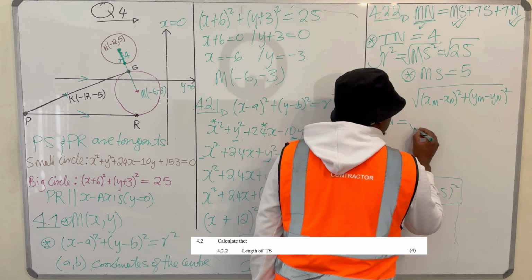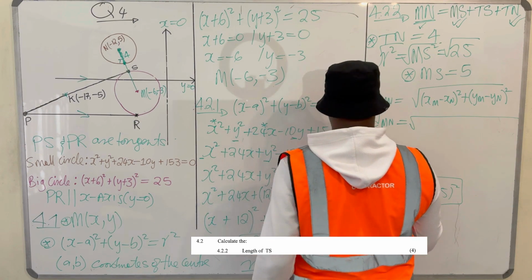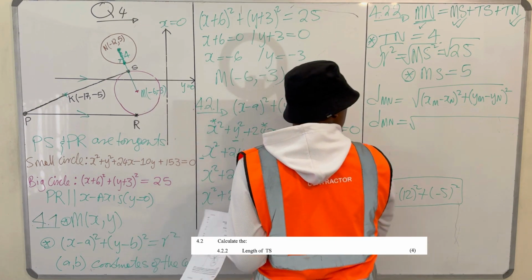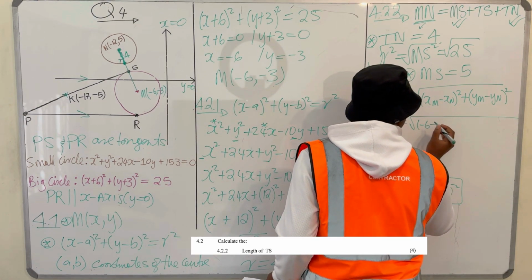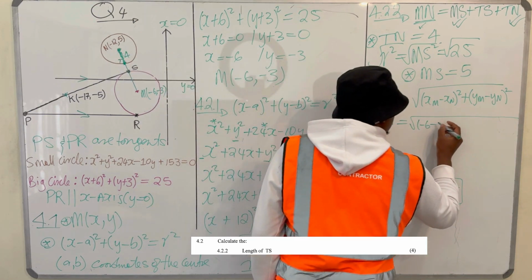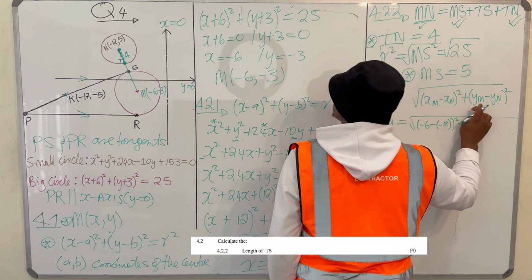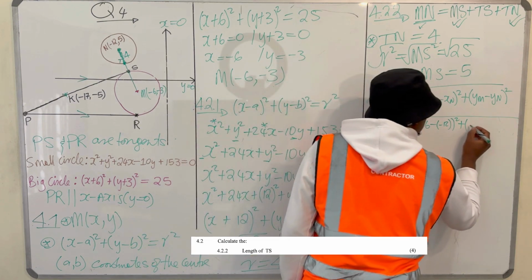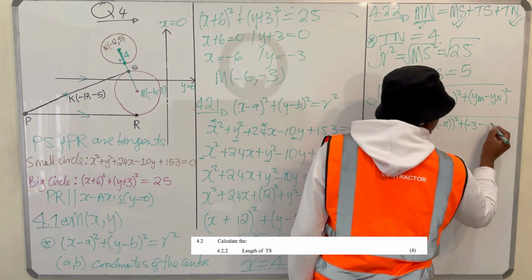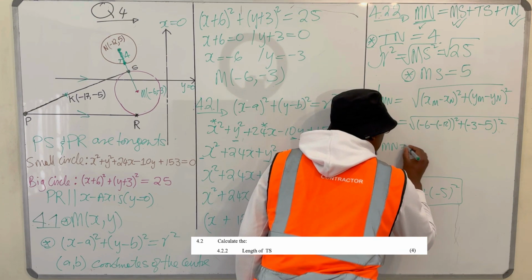The x coordinate of m is minus 6, and the x coordinate of n is minus 12. So it's minus 6 minus negative 12 all squared, plus the y coordinate of m, which is minus 3, minus the y coordinate of n, which is 5, all squared.